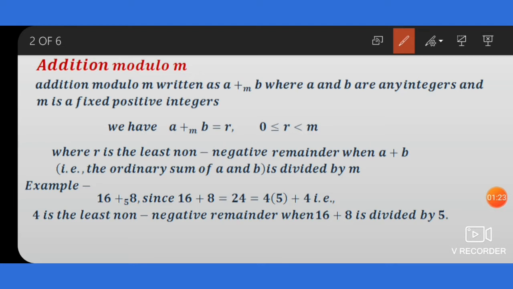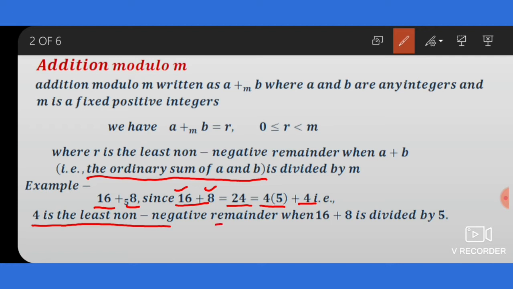Example of addition modulo m: 16 plus modulo 5, 8, since 16 plus 8, the ordinary sum, equals 24, which can be written as 4 multiplied by 5 plus 4, that is 4 is the least non-negative remainder when 16 plus 8 is divided by 5.